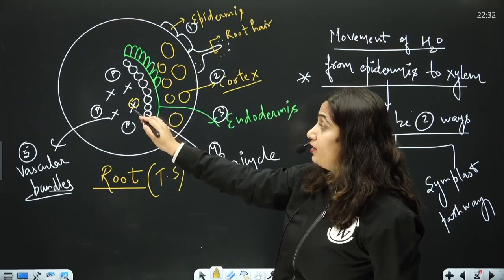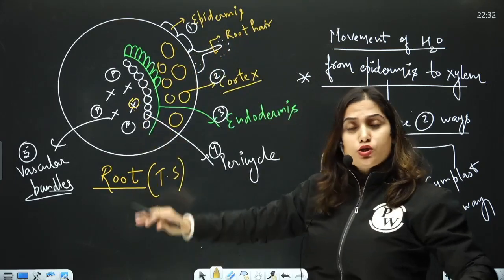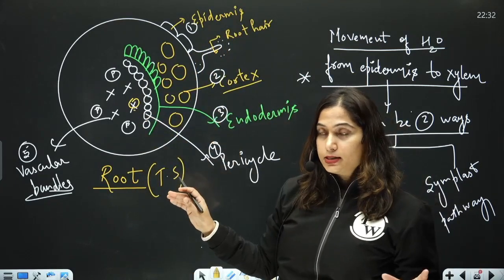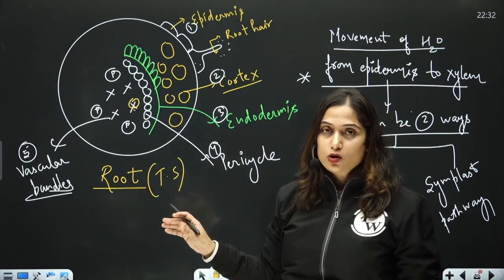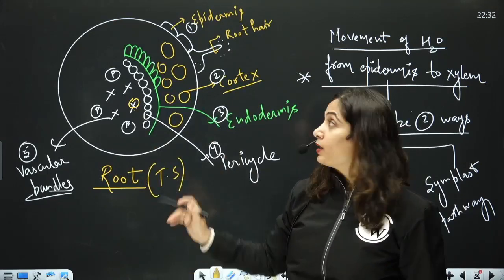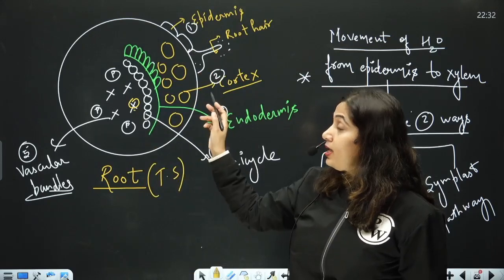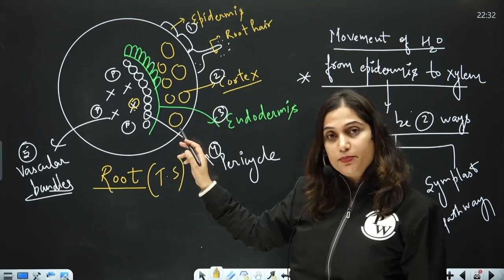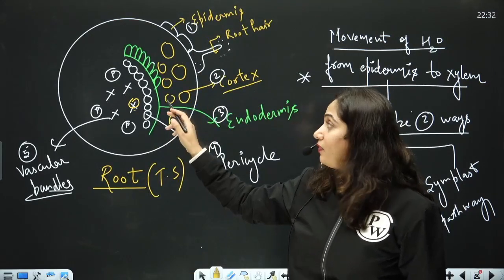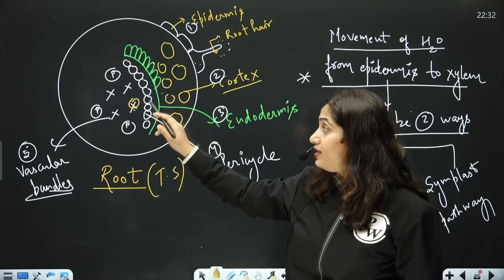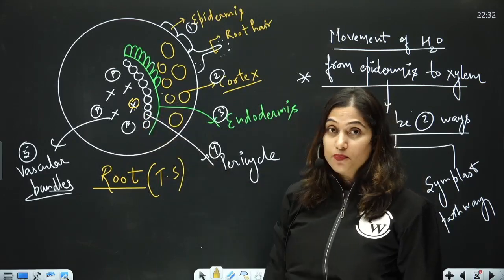Xylem is present here, right? This we will study in detail in anatomy. What is the structure of a root? A root has epidermis, then inside the epidermis it has cortex, then endodermis, then pericycle, and then finally xylem.